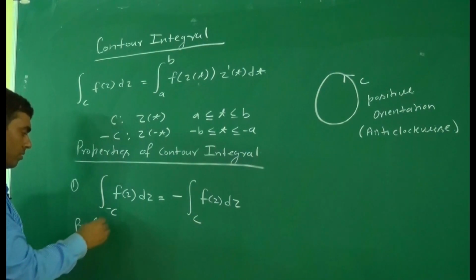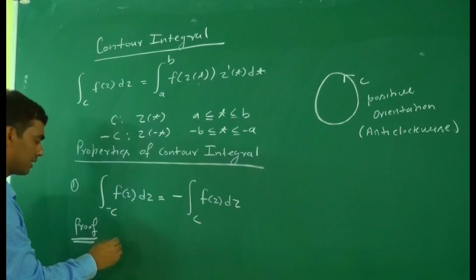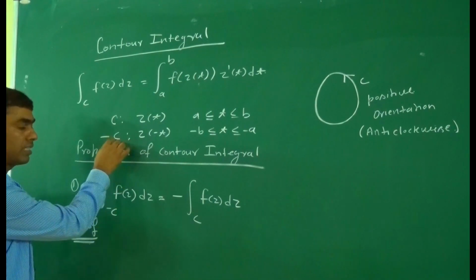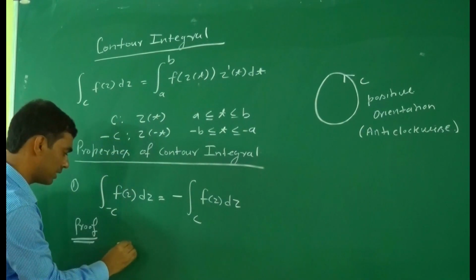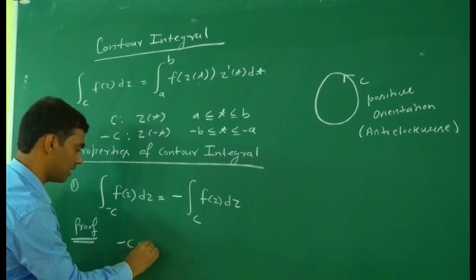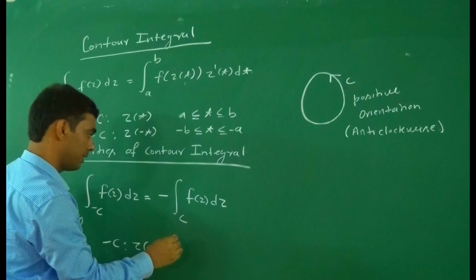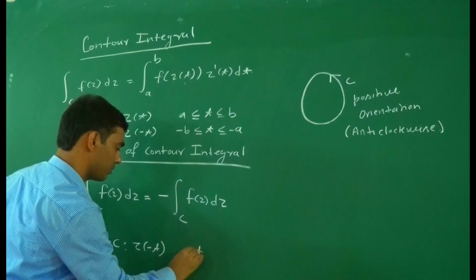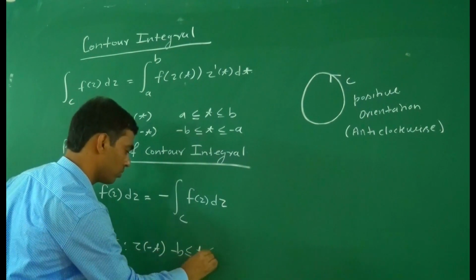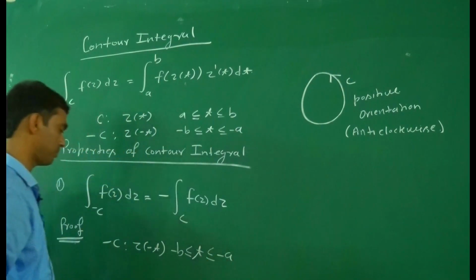We know what minus C is. Minus C says that z(-t), where t ranges from -b to -a.